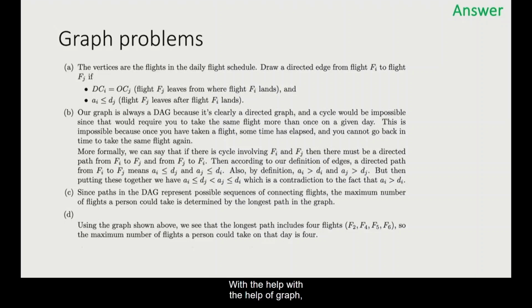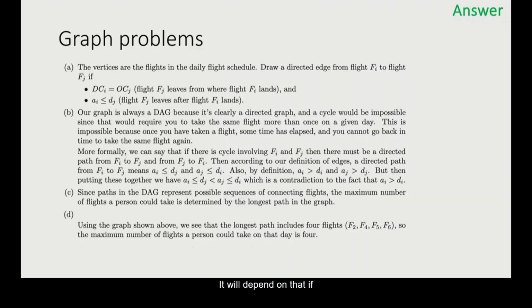So with the help of the graph, we can determine how many maximum flights he can take based on his origin location and the destination location. So it will depend on that.